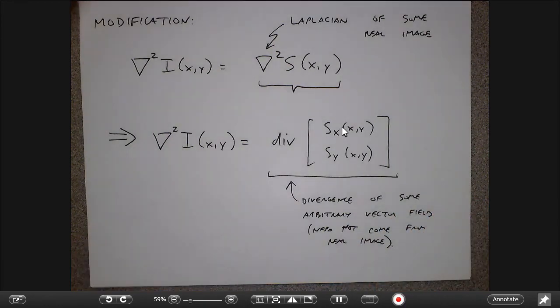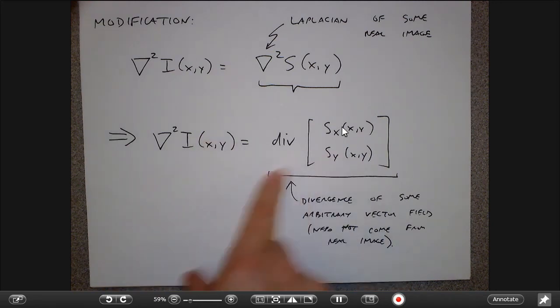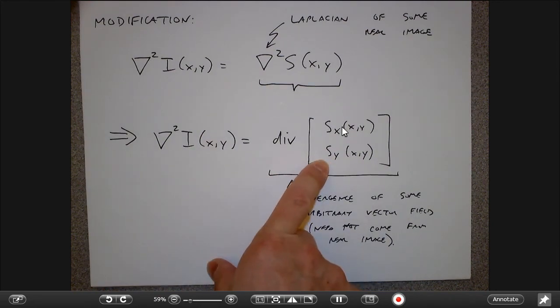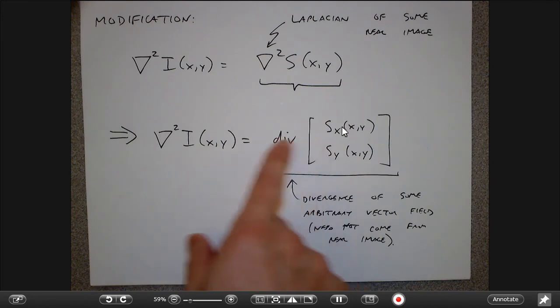What I mean by that is that if I take an image that I'm starting with and I take the gradient x and y, there are some constraints among those values. I can't just have an arbitrary x gradient and an arbitrary y gradient and say these correspond to an original image. However, there's nothing in my formulation that says I can't just take some arbitrary vector field and then look at the x and y derivatives of it.